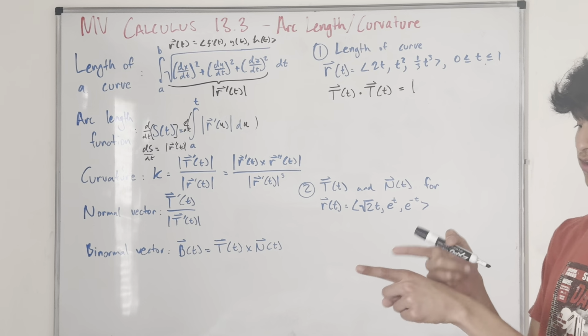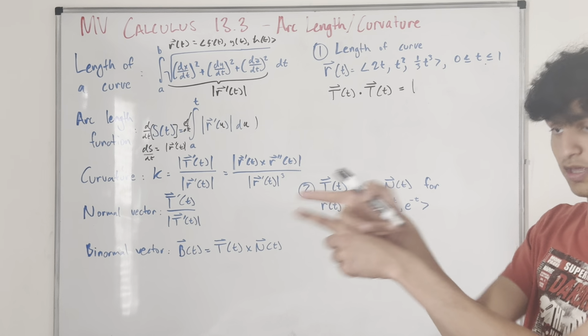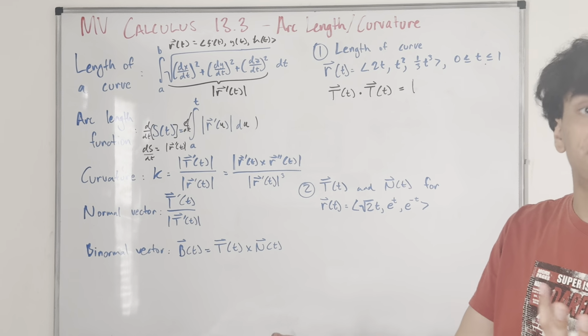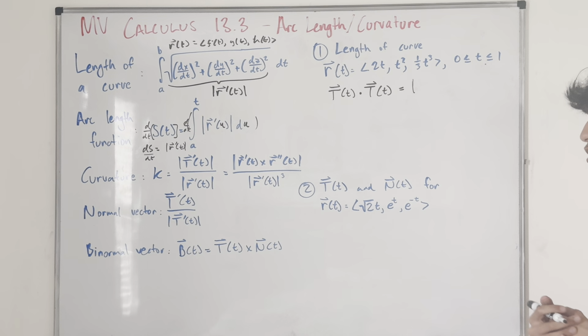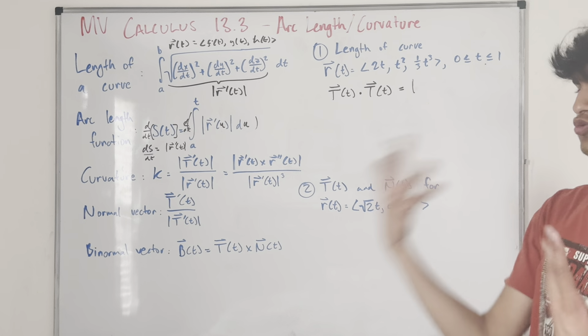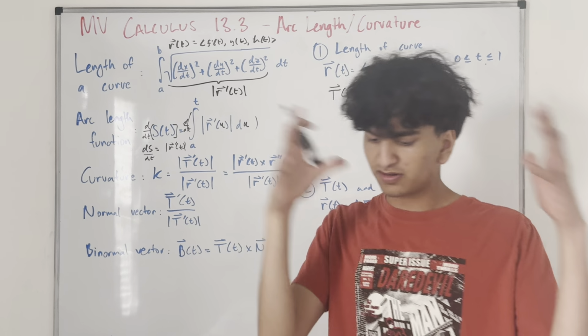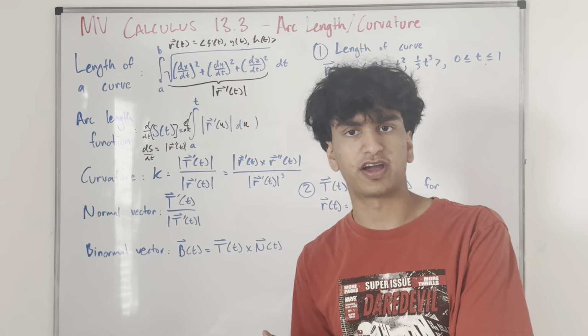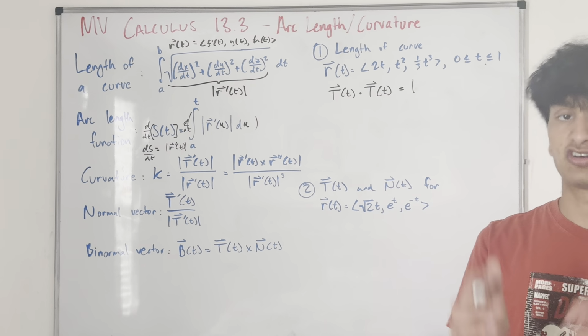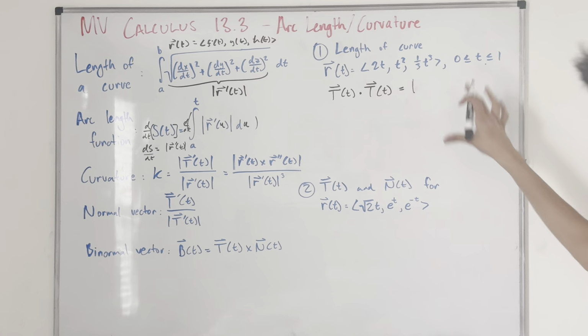The angle between a vector and itself is 0, since they point in the same direction, so cosine 0 becomes 1. And now you have the magnitude of the tangent vector times the magnitude of the tangent vector. The tangent vector is a unit vector, so it just ends up being 1. So this is actually equal to 1.